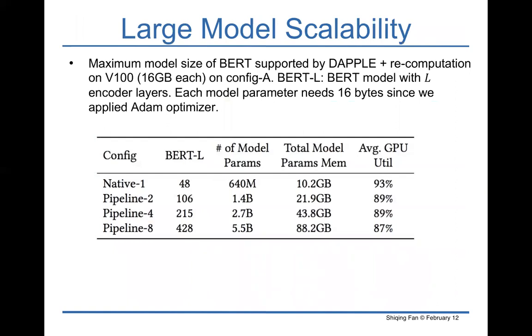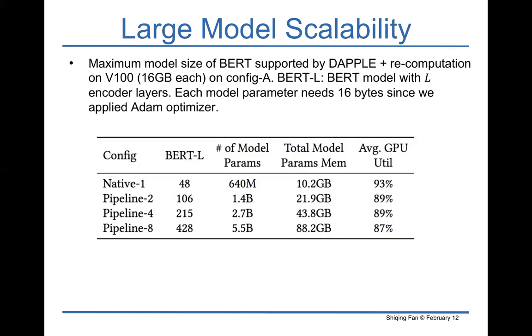Then let's show some large model scalabilities. This table shows the maximum model size that DAPPLE supports on a reasonable input size with recomputation enabled. We scale the model by varying the number of layers. We are able to scale BERT to 5 billion parameters on 8 Volta GPUs with NVLink enabled.